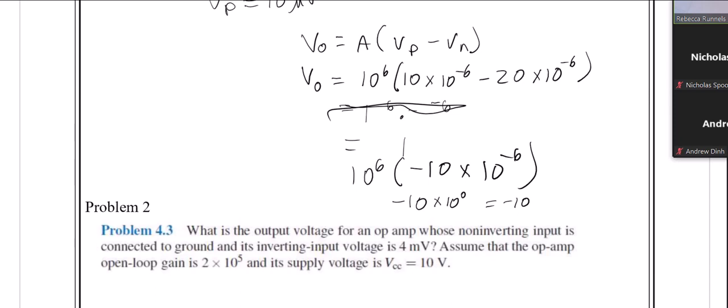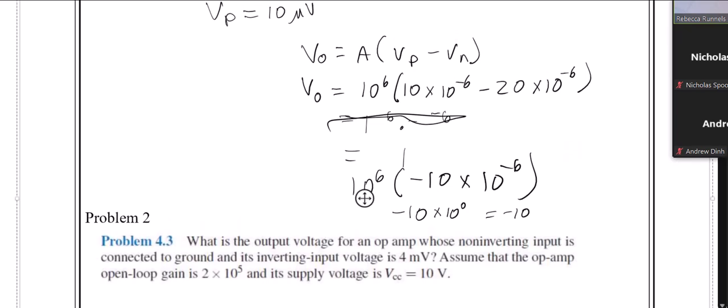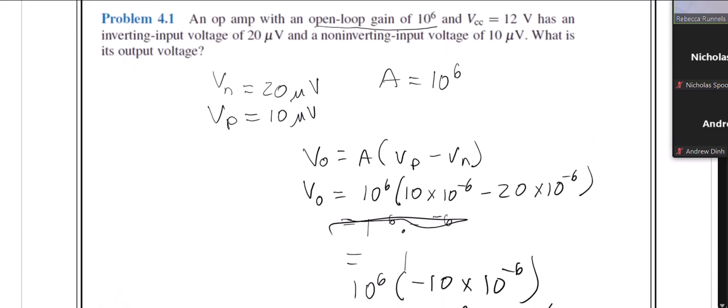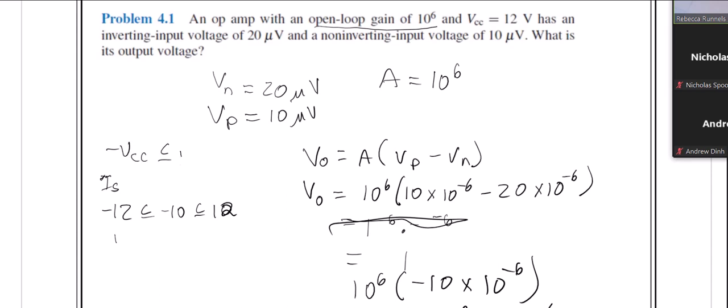It would almost be a little easier to distribute the 10 to the 6 first, and then you'd see it there. So this is minus 10 volts, and then we have to check: is minus 12 less than or equal to minus 10 less than or equal to 12, because this is VCC. So minus VCC less than or equal to V out less than or equal to VCC.